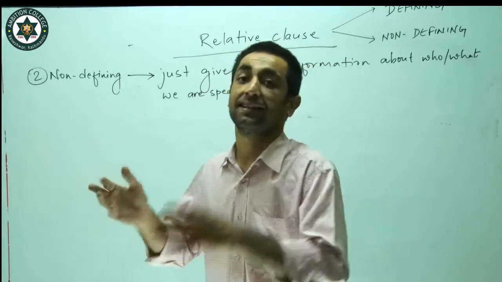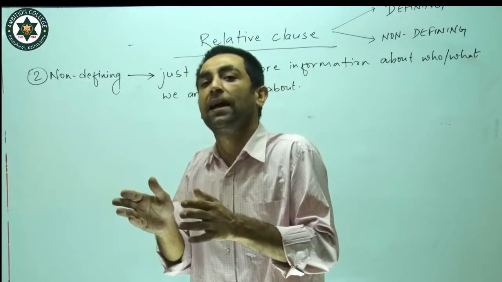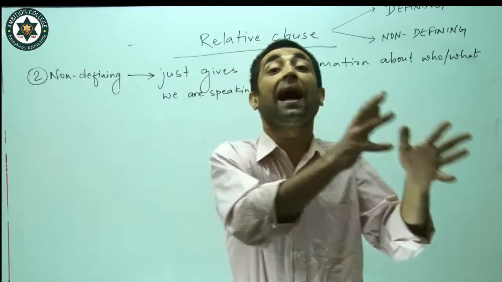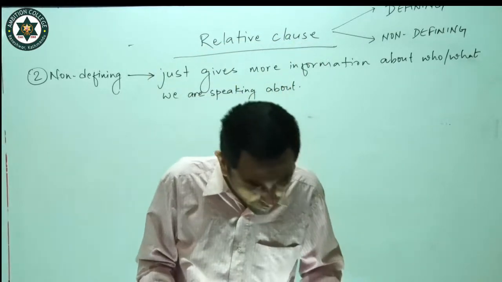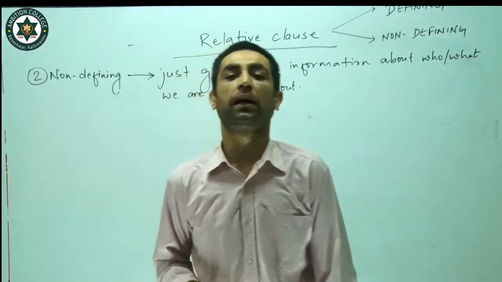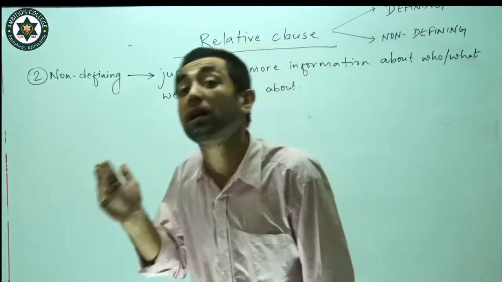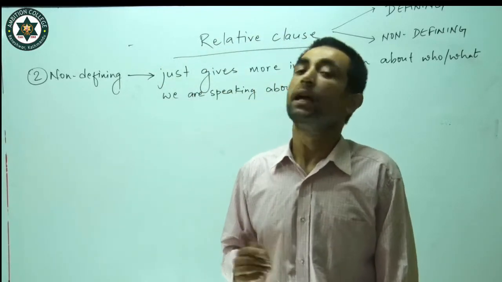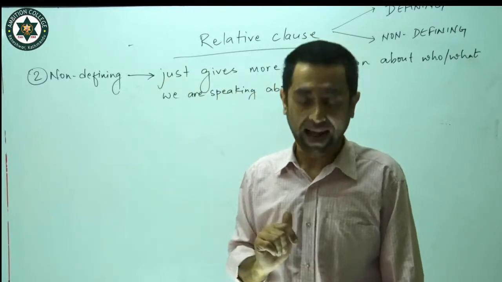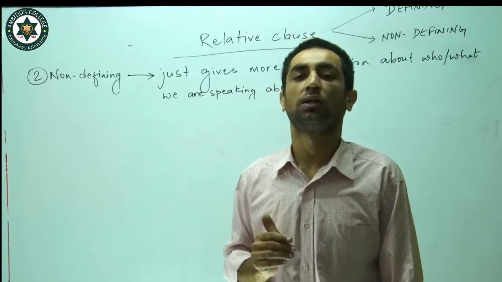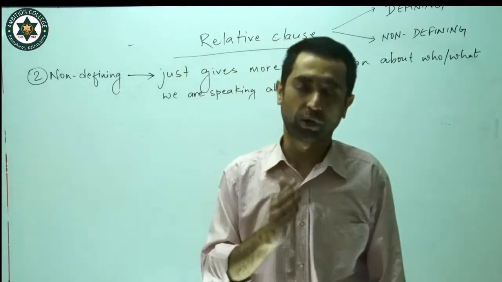Anna, who is fat, is a defining relative clause, because this is providing the traits of identification. Anna, who had just woken up, was sitting in the bed yawning. This is only providing us additional information about Anna, not a defining fact. So this type of clause is called the non-defining relative clause.